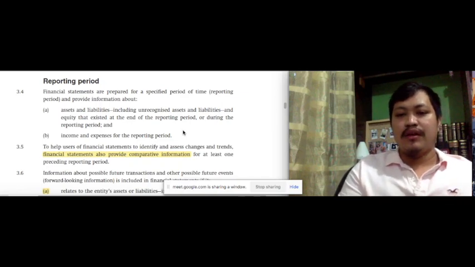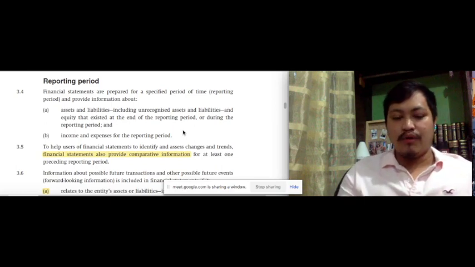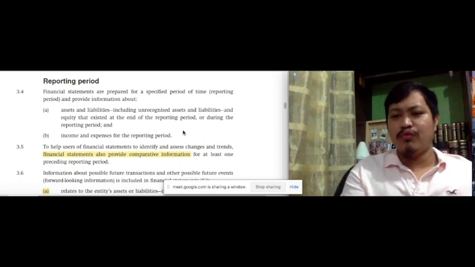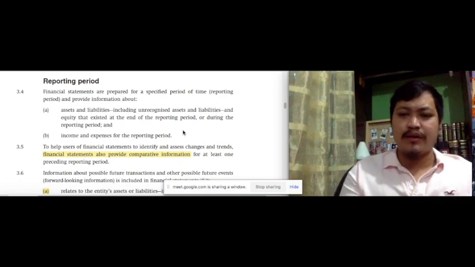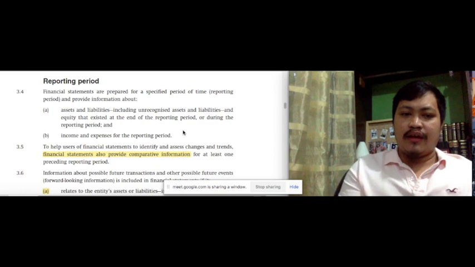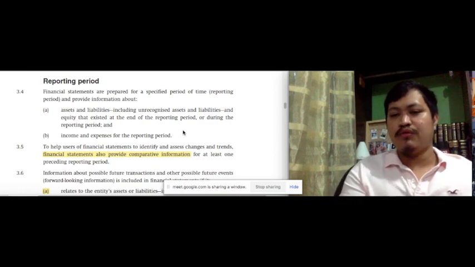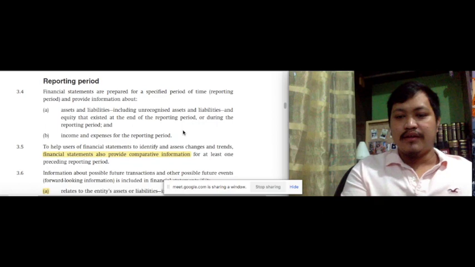If we want to have information that is comparable, then we must have a currency that is relatively stable, that the value of the currency would not significantly change from one period to another. And if we have a stable currency, then it would be very easy to verify whether or not we have the correct valuation or measurement for our assets, liabilities, equity, income, and expenses.